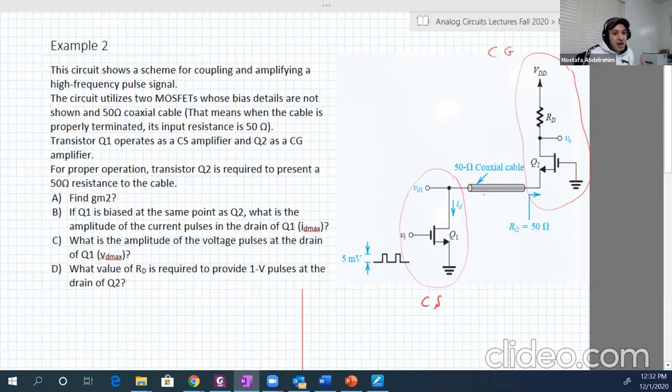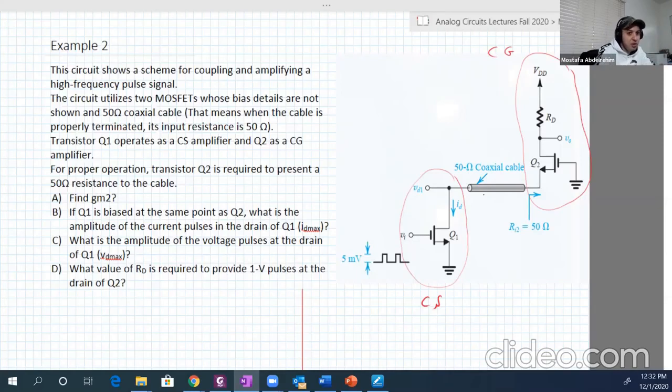But the problem with the coaxial cable is that when the signal flows through it, there will be a kind of radiation or something. So the radiated signal may make reflections and stuff, so you may have losses inside the coaxial cable.